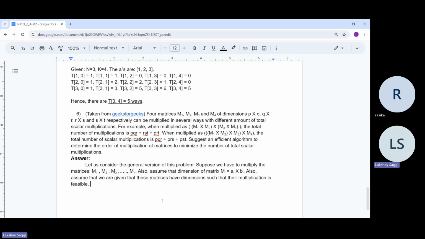Now we need to determine the order of multiplication to minimize the total scalar multiplications.